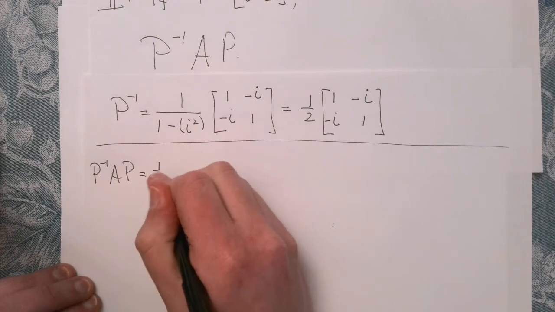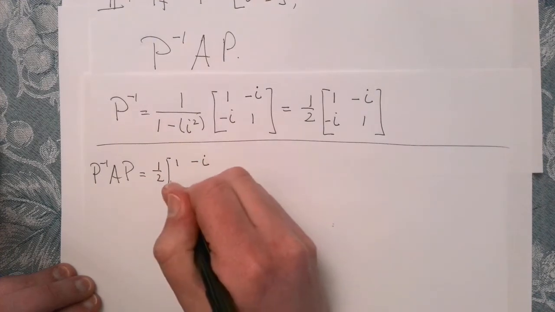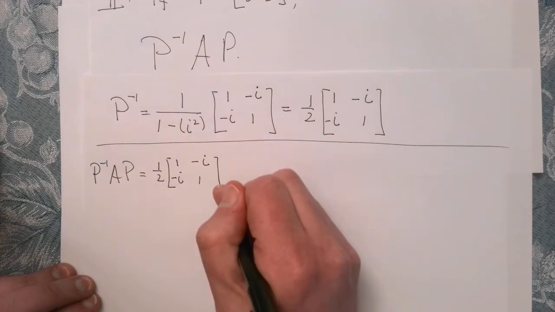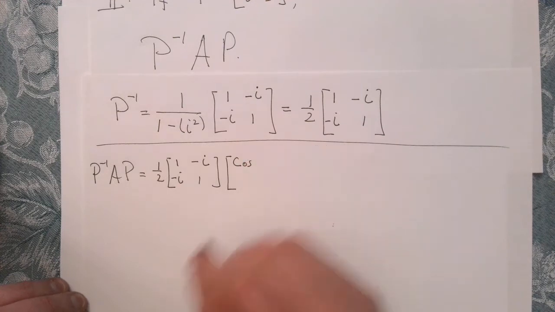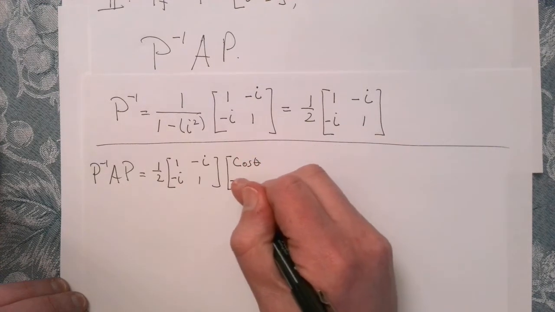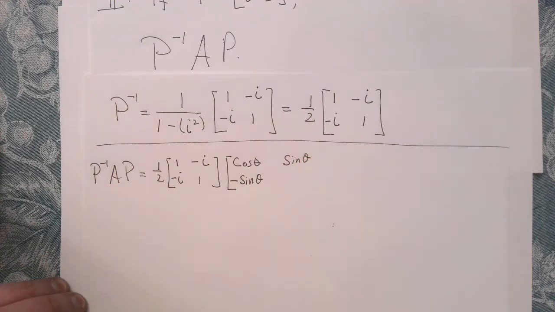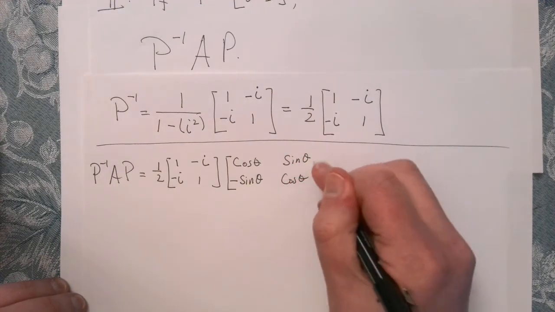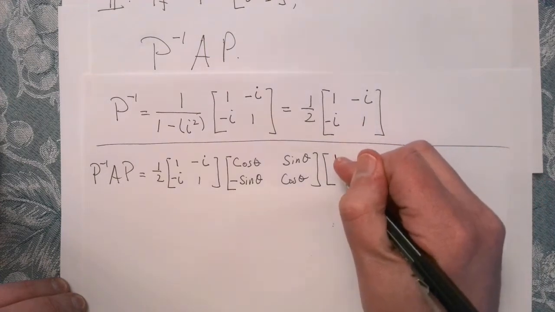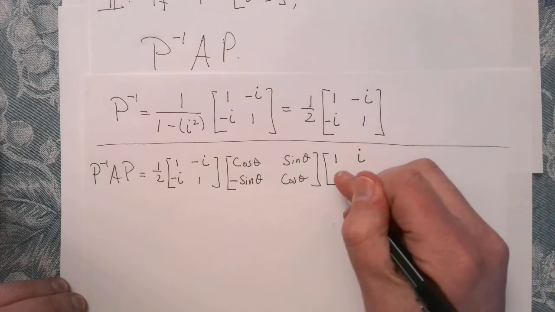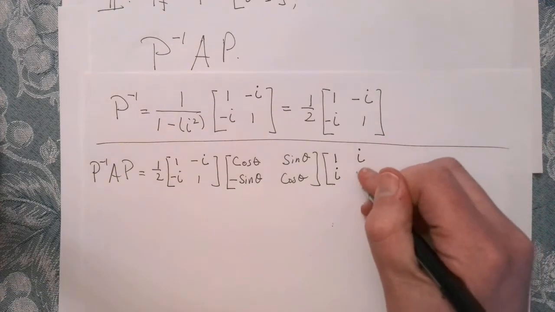It means I've got P inverse times the matrix A, and the matrix A was, remember, cosine of theta, minus sine of theta, and then sine of theta, cosine of theta. And then lastly, we want to multiply that by the matrix P, but the matrix P was 1, positive i, whatever that even means. So i, 1.